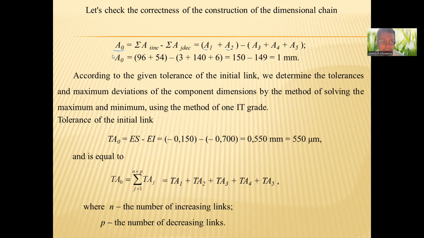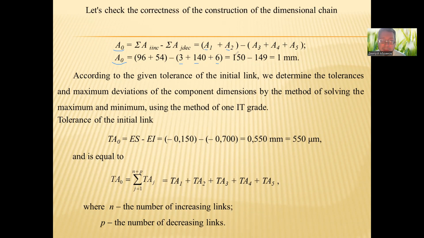And what do we have? The initial link A0 will be equal to 96, which is A1, plus 54, which is A2, minus 3 plus 140 plus 6, which are A3, A4, and A5.